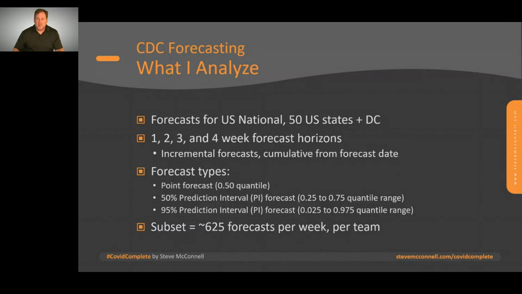Then I look at a subset of the quantiles: the point forecast, which is the 0.50 quantile, the 50% prediction interval, or PI, which is the range from the 0.25 to 0.75 quantile, and the 95% prediction interval, which is the range from the 0.025 to the 0.975 quantile. This subset ends up being about 625 forecasts per week per team.